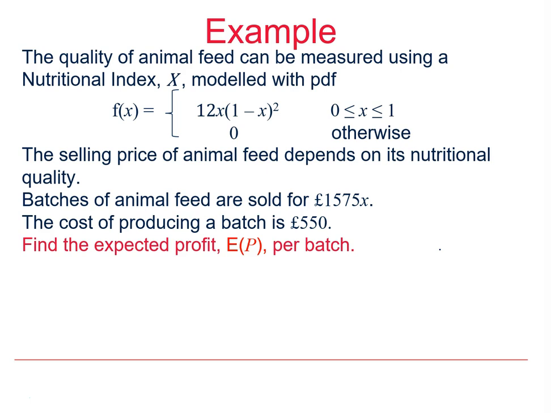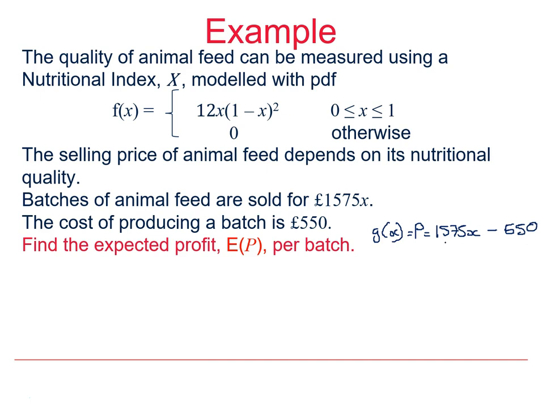So we're now having a further story added on here, that we can sell the feed for 1,575 pounds, and the cost of producing a batch is 550 pounds. So we have a new variable, if you like, our variable g(x), which is P, and that is not just x, it's 1575 multiplied by our continuous random variable x, minus 550, because that's the cost of production.